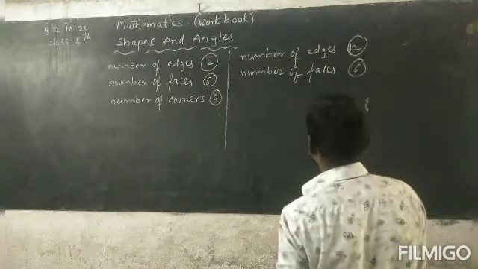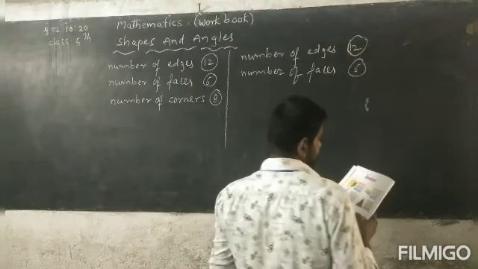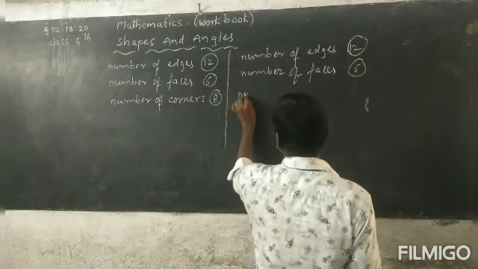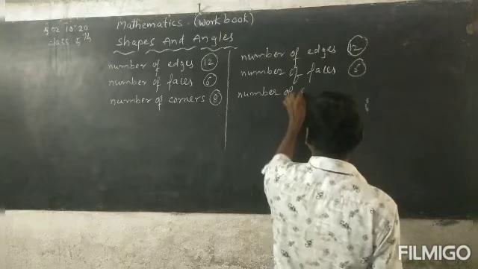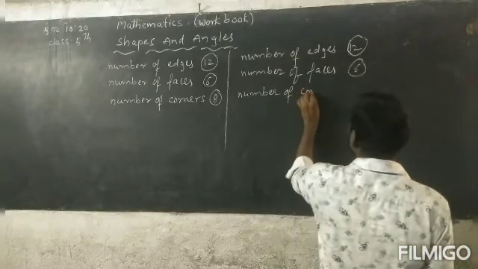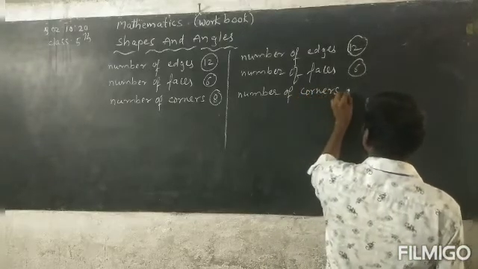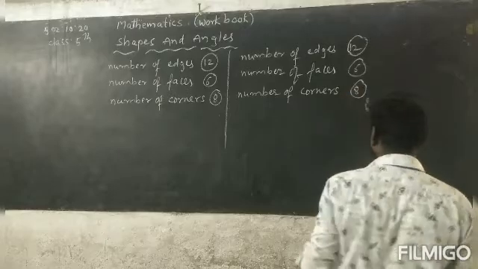Next, number of corners. Number of corners, beta, 8.